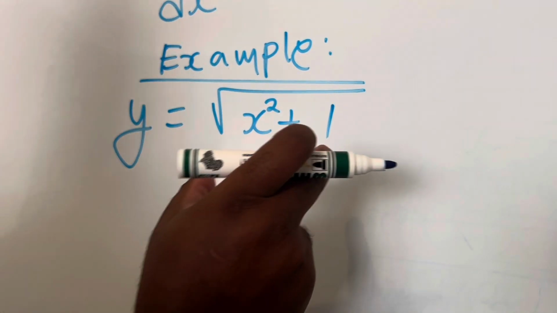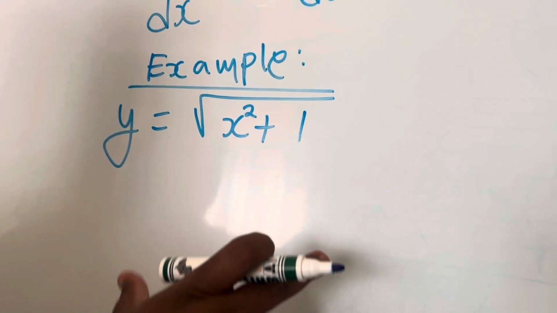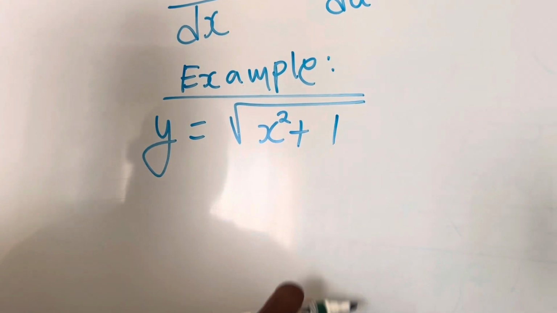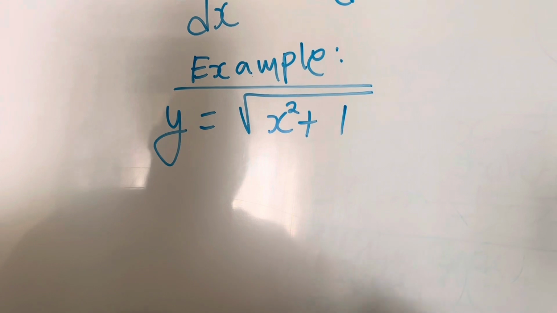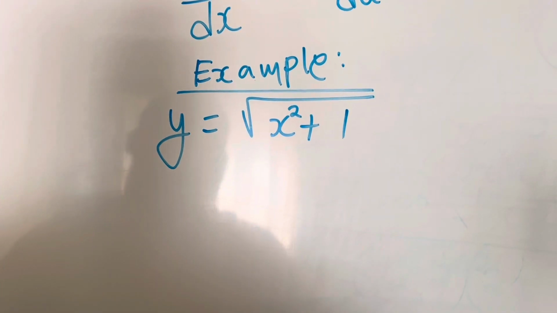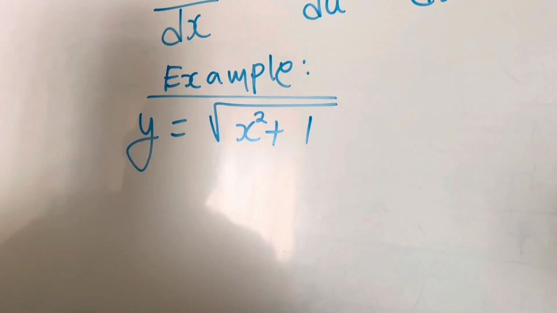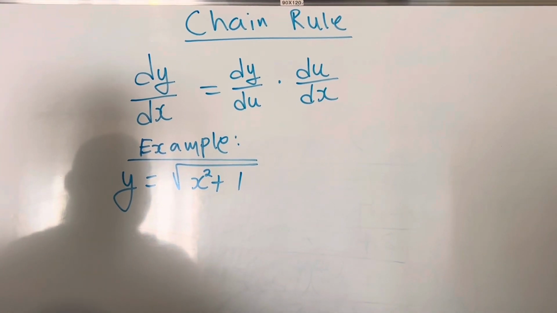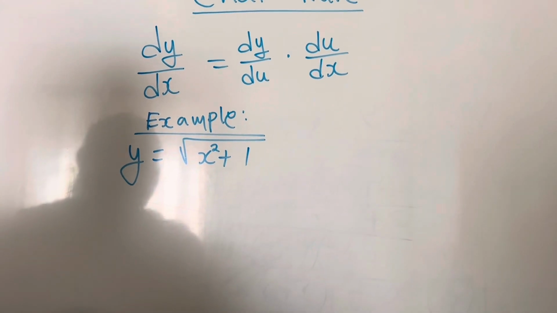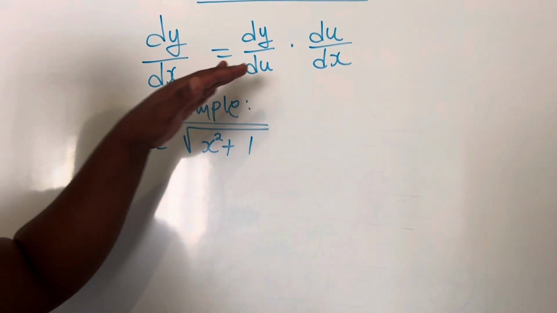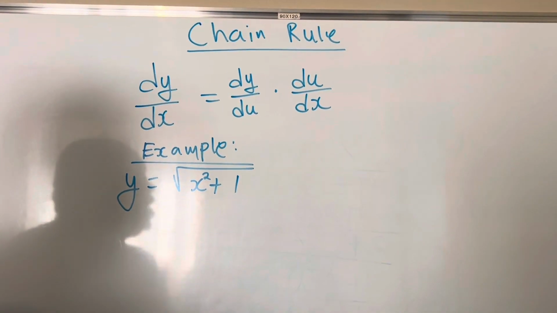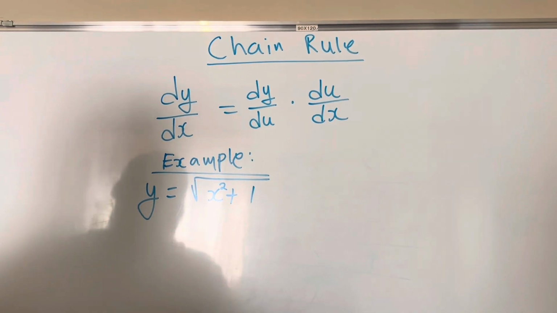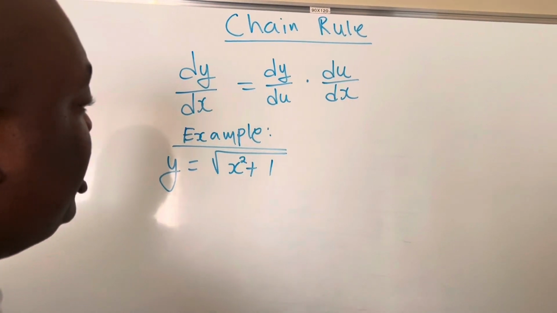Now, we know if we were to solve this expression, it will become difficult for us to either use the multiplication rule or use the direct derivative. So the best way of dealing with this question is by applying the chain rule. Now, how do we go about applying the chain rule to this function?